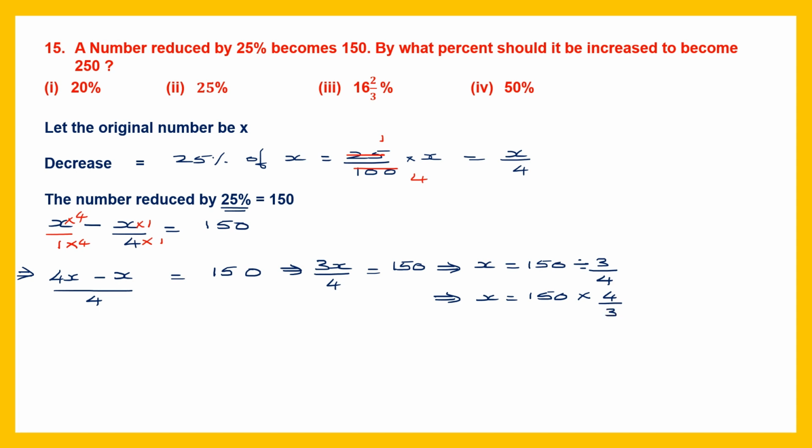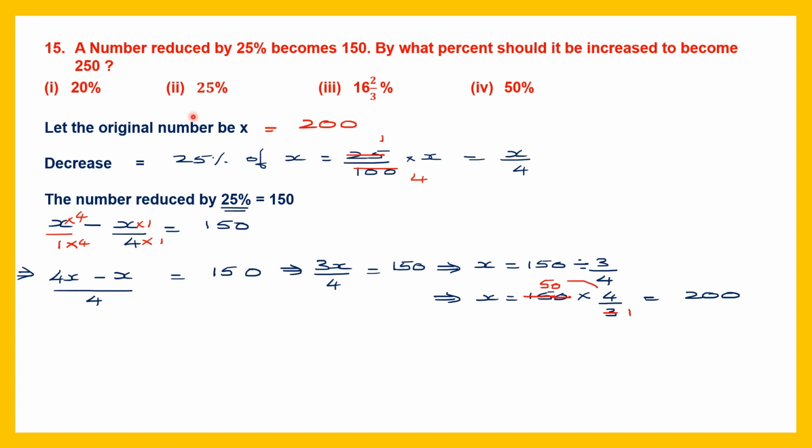We write the reciprocal. Now let's cancel. 3 ones are 3, 3 fives are 15, and the 0 is 50. Now multiply 50 into 4. 50 into 4 is 200. So now we have found the value of x. And what is x? x is the original number. So now we know the original number is 200.